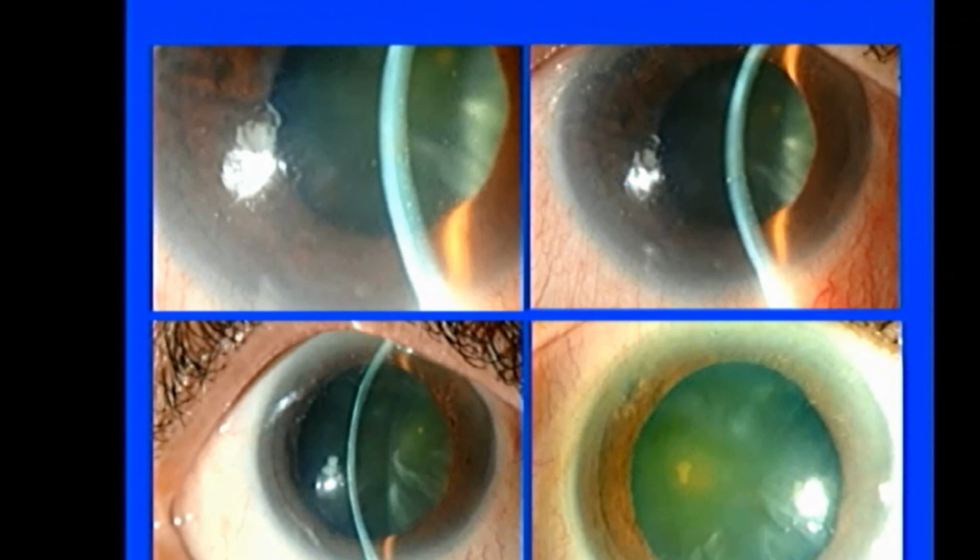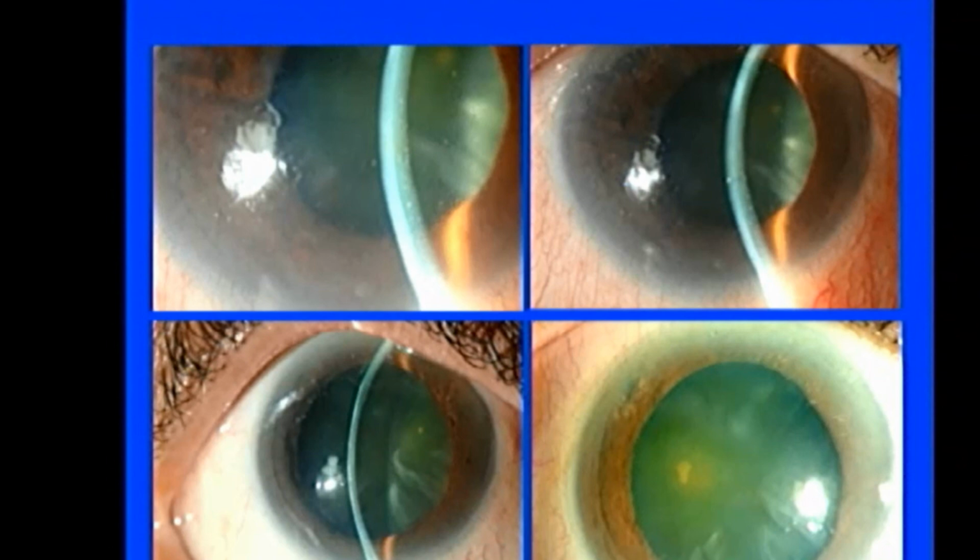A male patient, anterior segment, cornea, iris, posterior segment, indocyanine green angiography, left eye, indocyanine green angiography.